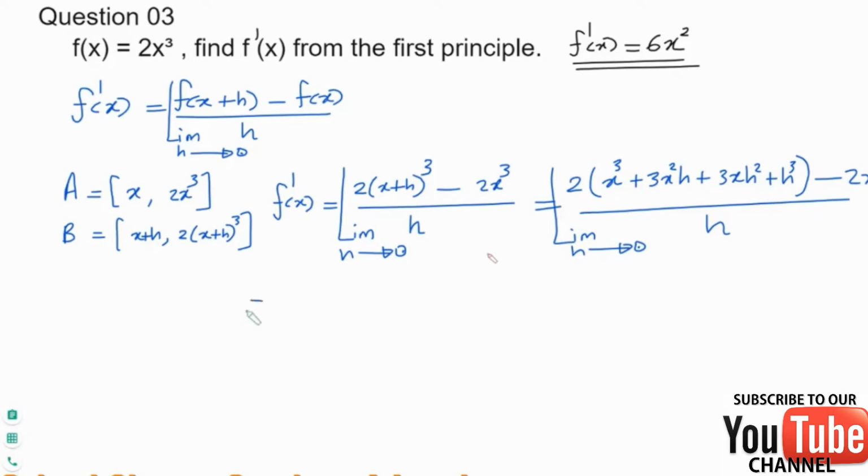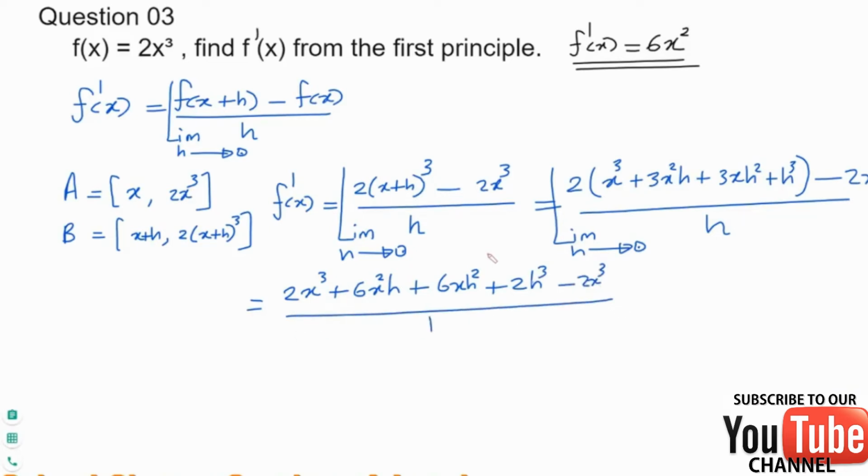And now I'm going to multiply by that 2, so I will end up with 2x cube plus 6x squared h plus 6x h squared plus 2h cube minus 2x cube, right? So over h, and the limit as h goes to 0, right? And the 2x cube cancel, right?